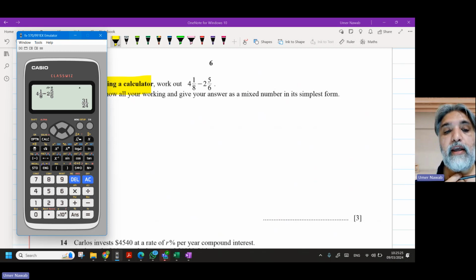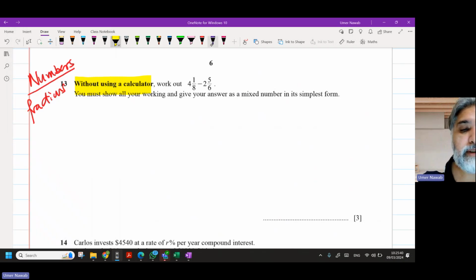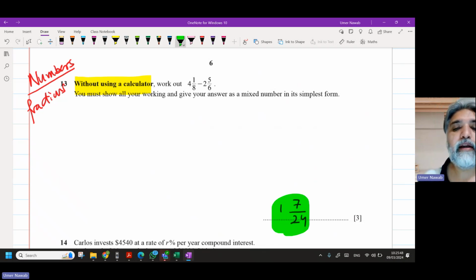Since my answer is an improper fraction, I would suggest you press shift and press SD. Then the calculator gives you the answer in mixed form: 1 and 7/24. That's the answer. But this will give you 0 marks in the exam if you get it from the calculator directly. You have to show your full steps.